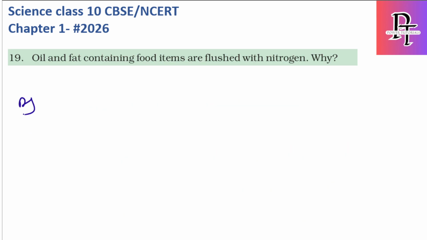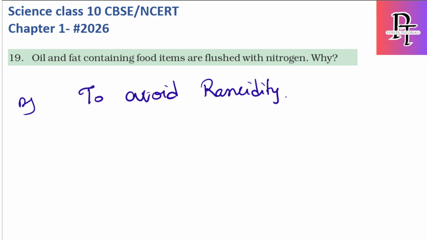Next, last two more. So this is to avoid rancidity. Rancidity is when we keep oil or fat containing food outside, what will happen? The oxygen present in the air will act on the food and the food gets spoiled.